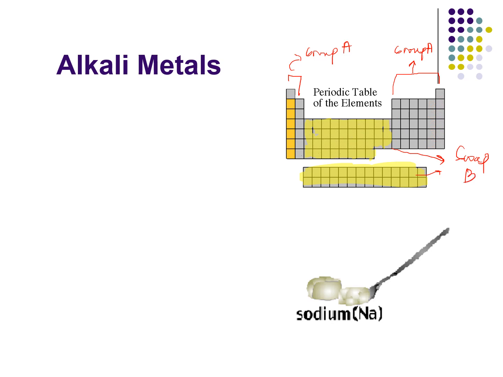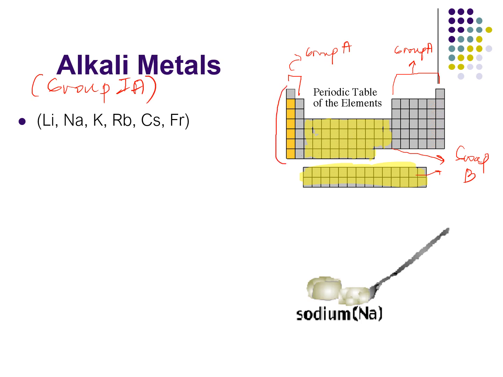Let's continue. Alkali metals, or yung ating group 1A. Kung titignan nyo sa periodic table, ito siya. Lalagyan natin ng bilog. Ayan ang group 1A natin.